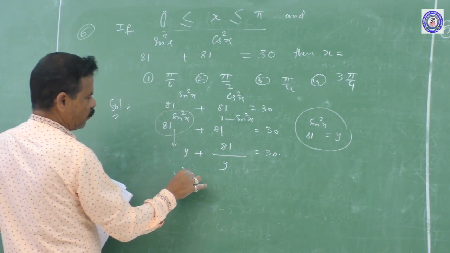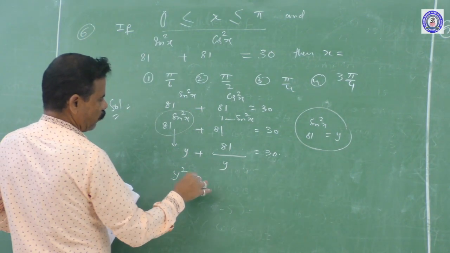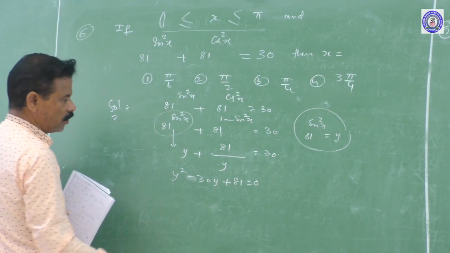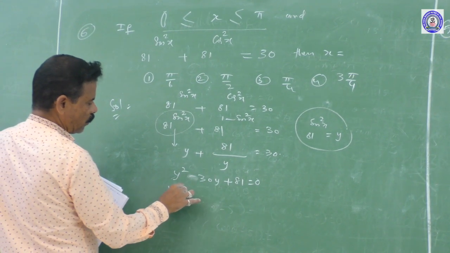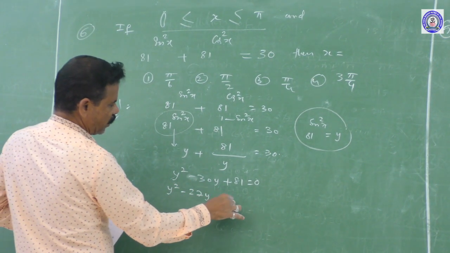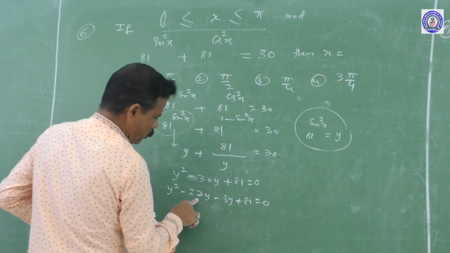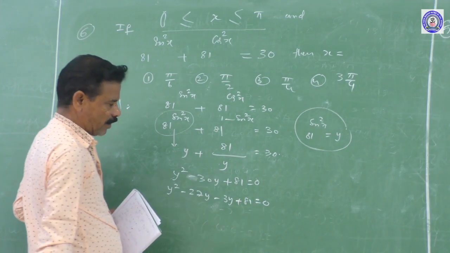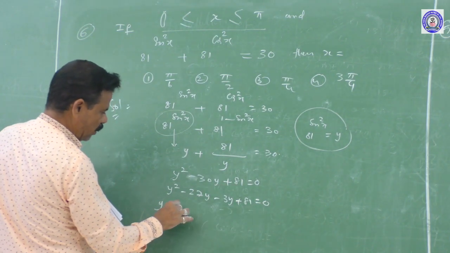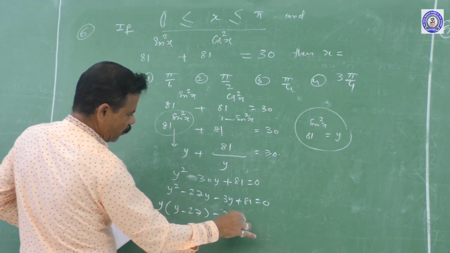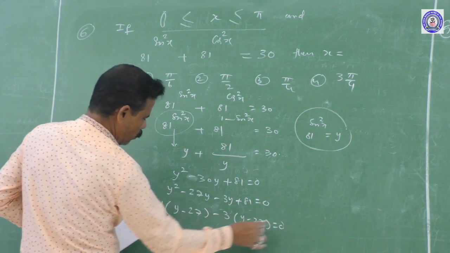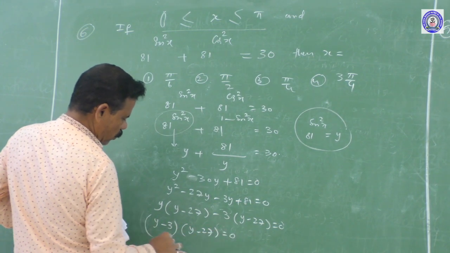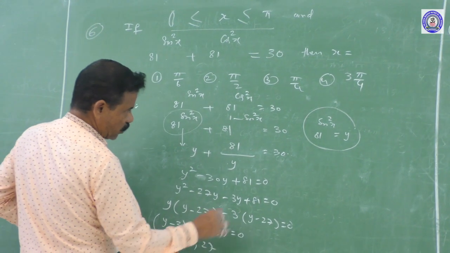So on LCM, y square minus 30y plus 81 is equal to 0 coming on simplification. So here factors: y square minus 27y minus 3y plus 81 is equal to 0. Minus 27 minus 3 is minus 30, minus 27 minus 3 plus 81. Here y common, y minus 27; minus 3 common, y minus 27 is equal to 0. Y minus 3 into y minus 27 is equal to 0. So from this y is equal to 3 and 27.